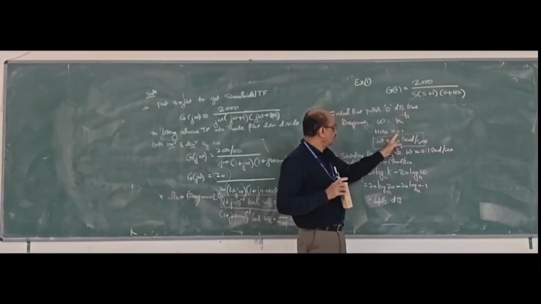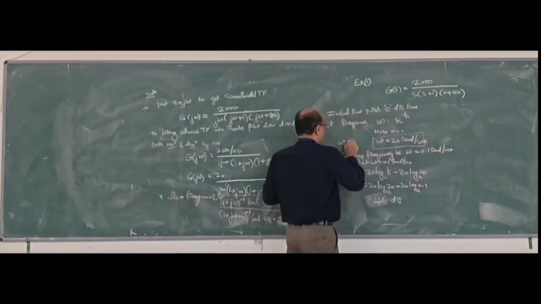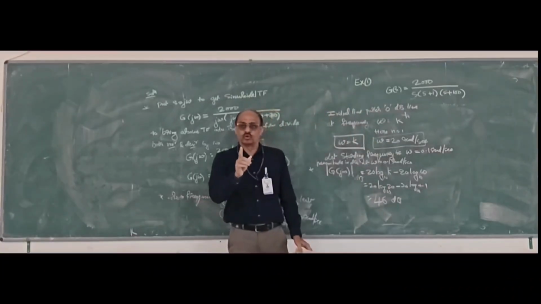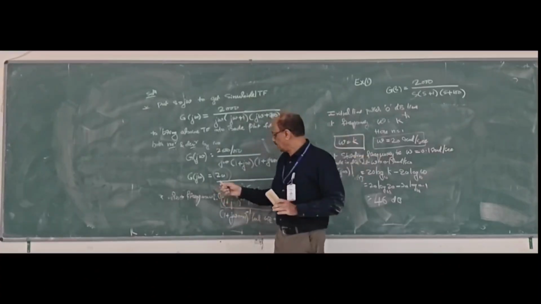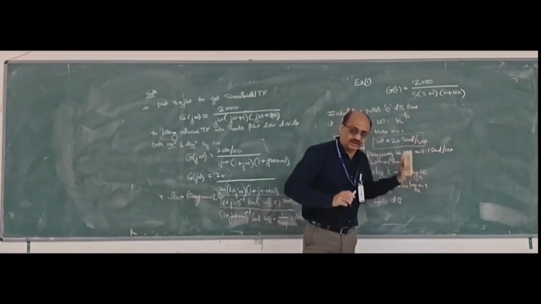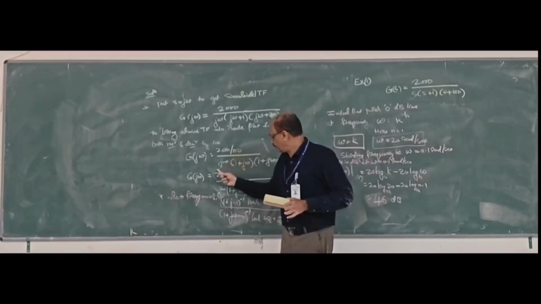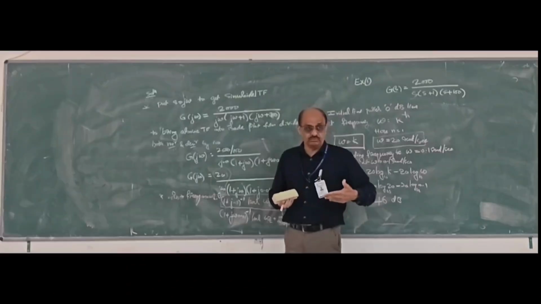So n equal to 1, hence omega equal to k. What is that k? K is 20, omega equal to 20 radians per second. Then the initial line is given by this factor, which is very crucial.